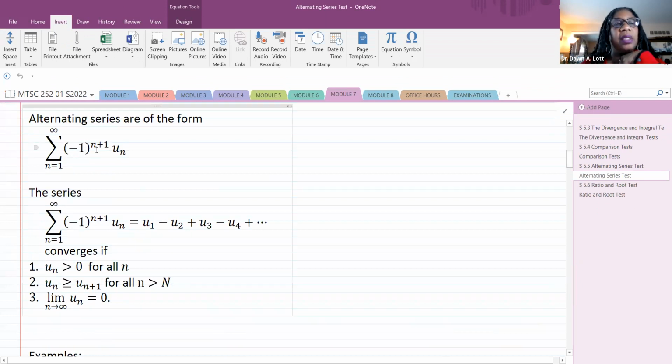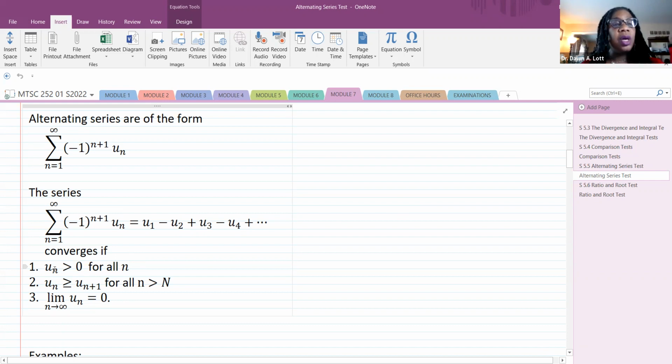It's of the form -1 to the n plus 1, or -1 to the n minus 1, or -1 to the n. Either way, it goes back and forth from negative, positive, or positive, negative. So each term in the series switches sign. In order to determine if an alternating series converges, three conditions must be satisfied.